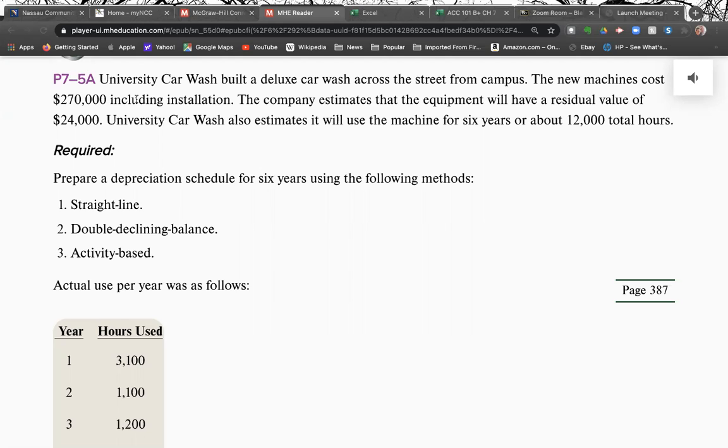The company estimates the equipment will have a residual value of $24,000, and that you're going to use the machine for 6 years or 12,000 hours. Prepare a depreciation schedule for the 6 years using the following methods: straight line, double declining balance, activity base.